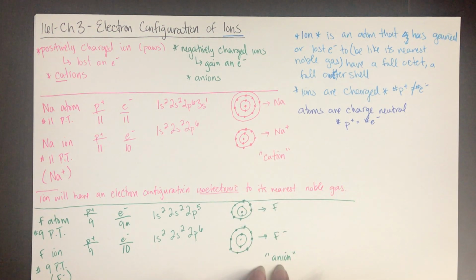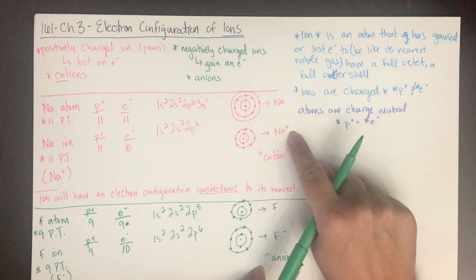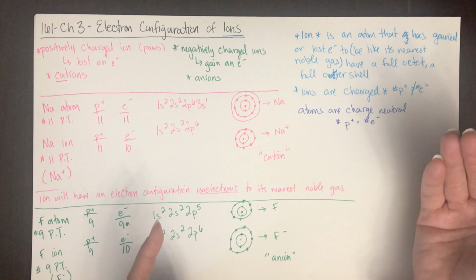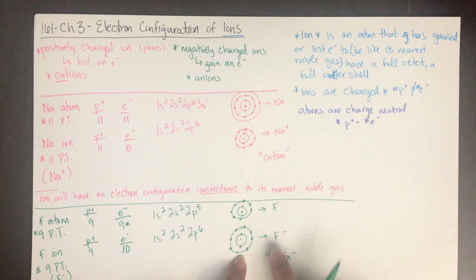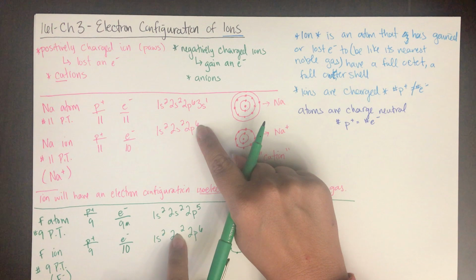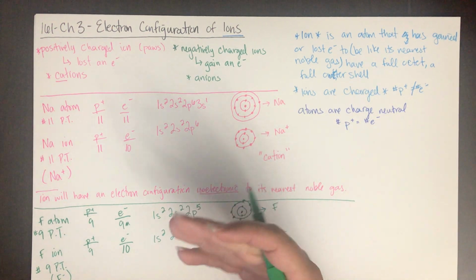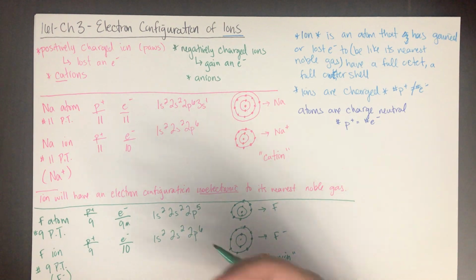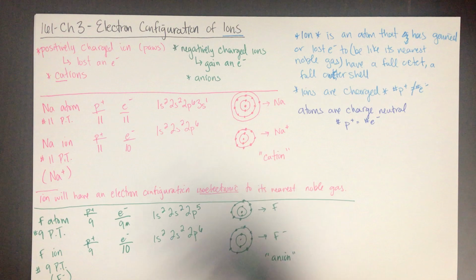Again, these are isoelectronic. So in this example, sodium, neon, which we didn't show, and the sodium ion, neon, and the fluoride ion are all isoelectronic. They all have the same electron configuration because they have gained or lost electrons to be like the nearest noble gas, which has the most stable electron configuration.